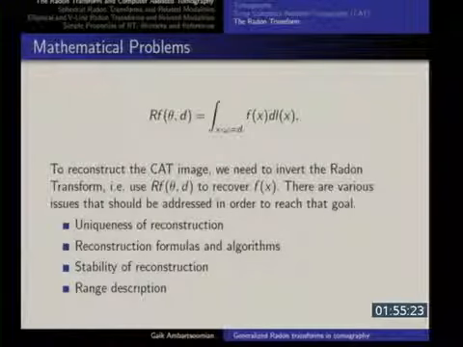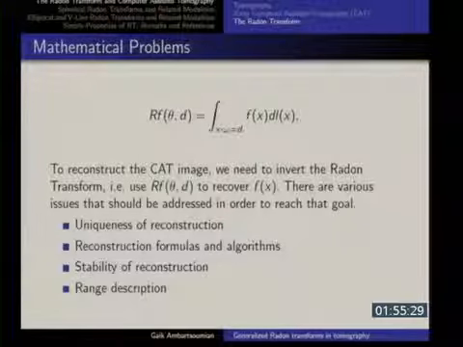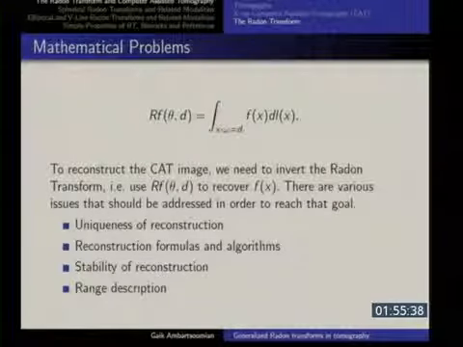You prove it for 3 pages, but it only says that the solution exists and it's unique. It doesn't tell you how to find it. And the fact that you know that there is an inversion doesn't mean you know how to do it. So the second question is how to do it. What are the reconstruction formulas and algorithms?